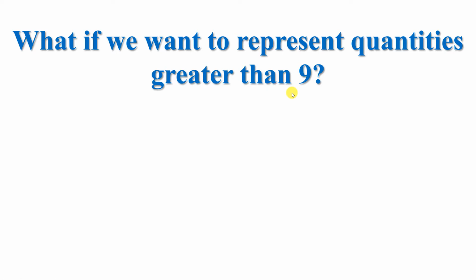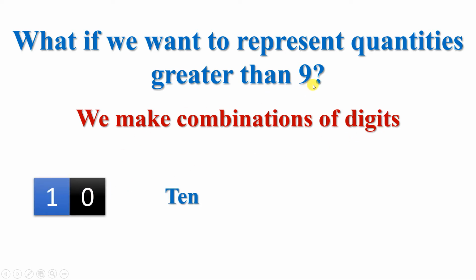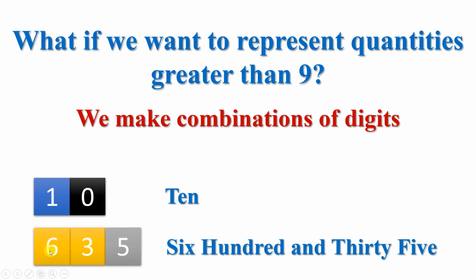Then we make combinations of the digits. So say for example, after 9 the number is 10, 1, 0, 10. Similarly, we can have combination of 3 digits which we speak as 635. Let us try to understand all these things in more detail.